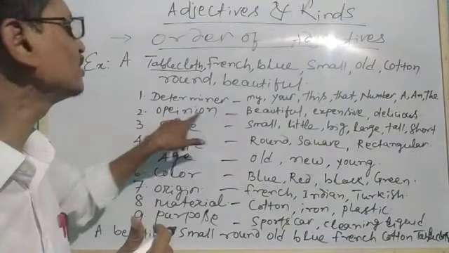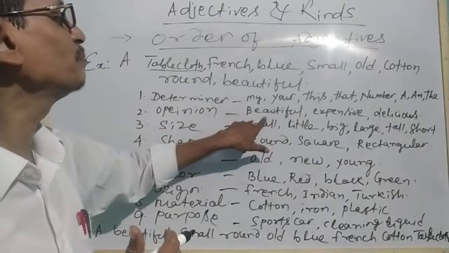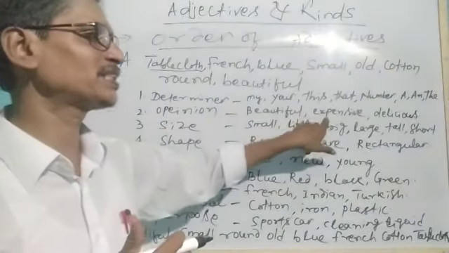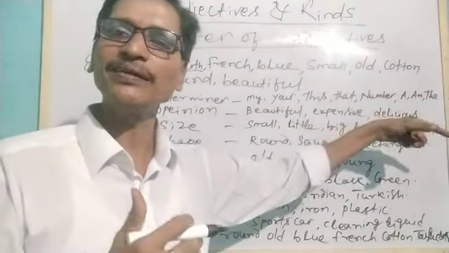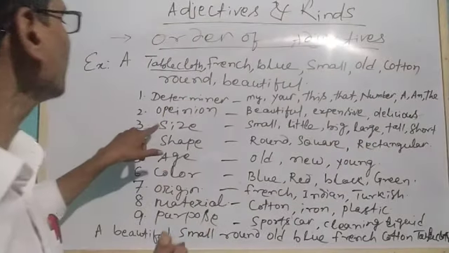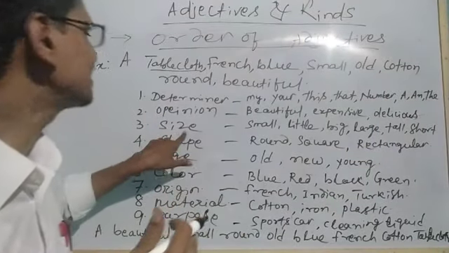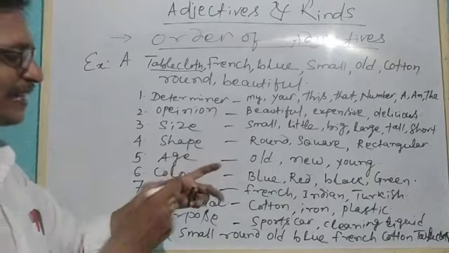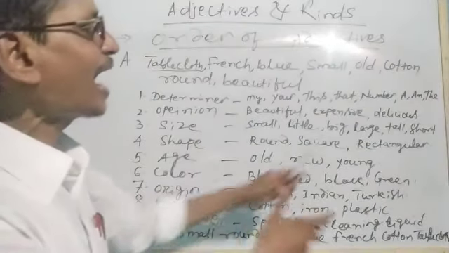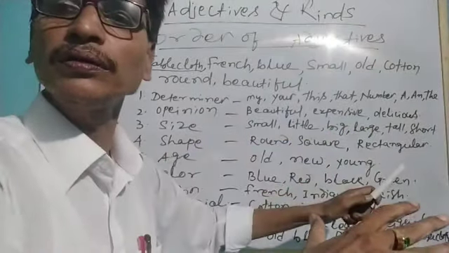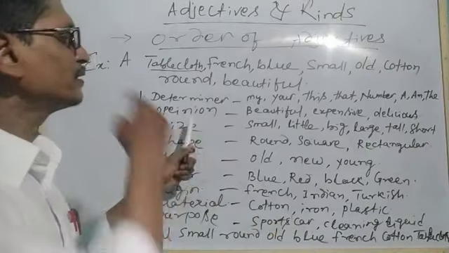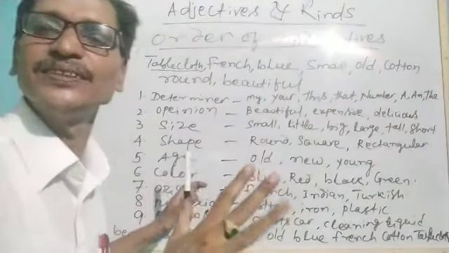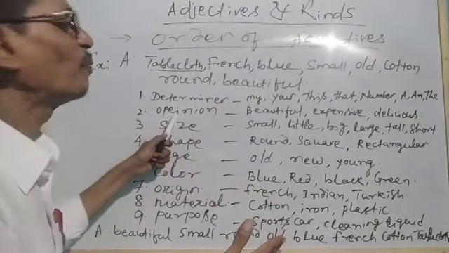Next comes the opinion: beautiful, expensive, delicious, smart. Next comes the size: small, little, big, large, tall, short.